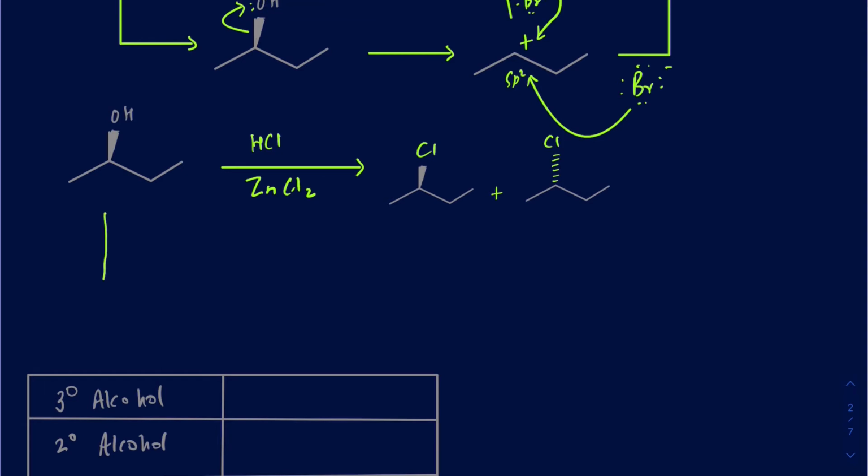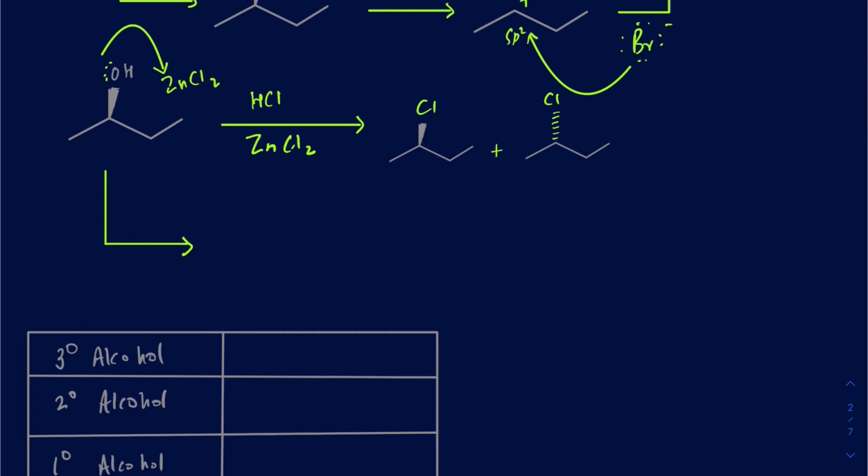And then I'm going to go ahead, in the first step, we're going to be using zinc chloride as your Lewis acid, and that's going to be doing the nucleophilic attack there, and we end up getting this right there, and then this oxygen is going to have a positive charge, this is going to have a negative charge.